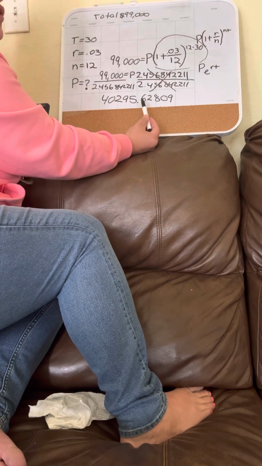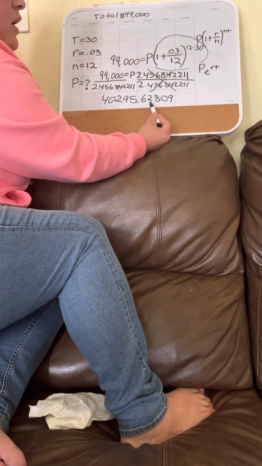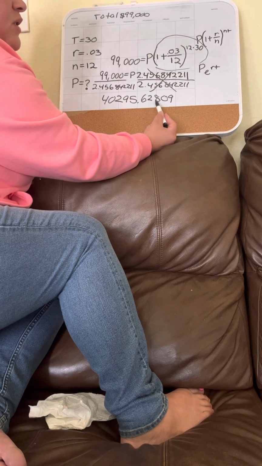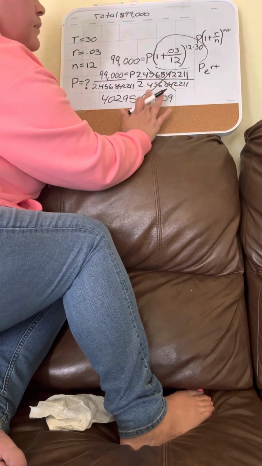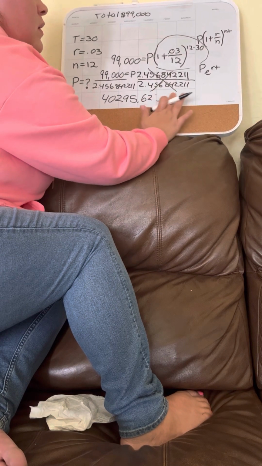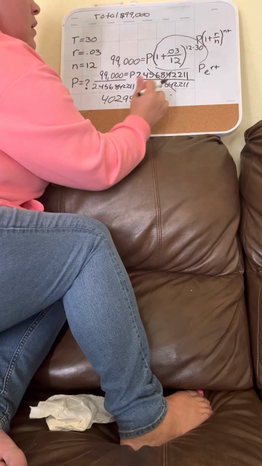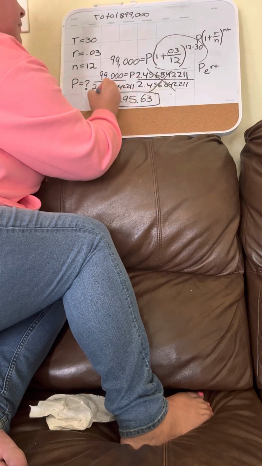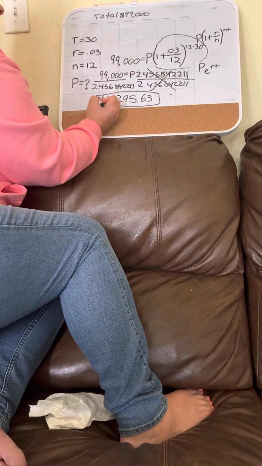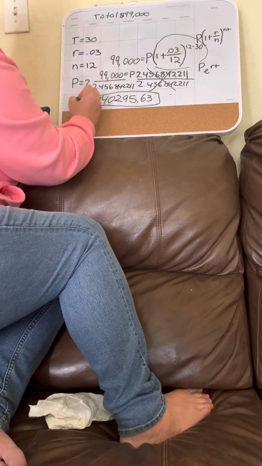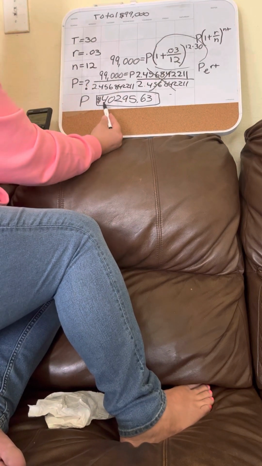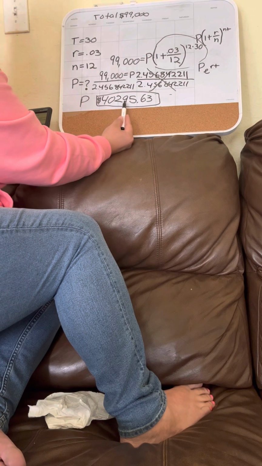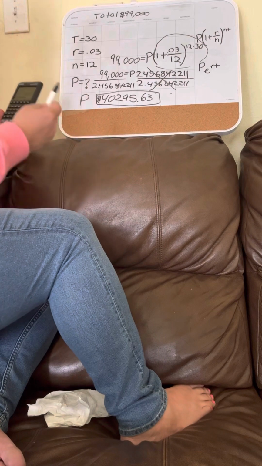Since there are 100 cents in $1, we're going to go to the hundredth place, and the next number over is an 8, so we round the 2 to a 3. And this would be our final answer in dollars. P, our principal amount, is $40,295.63.